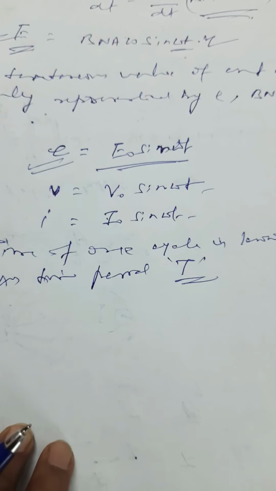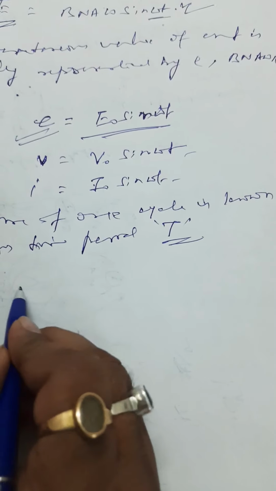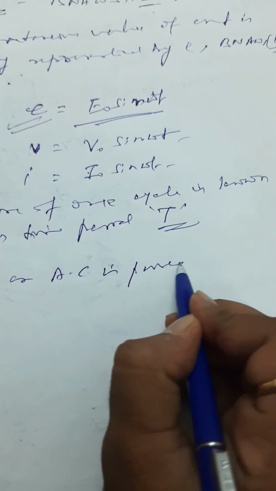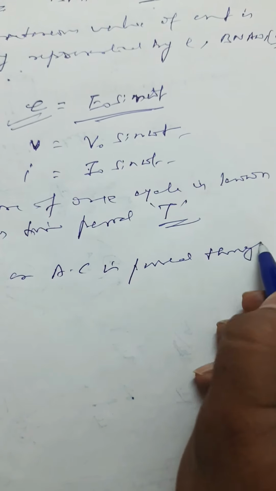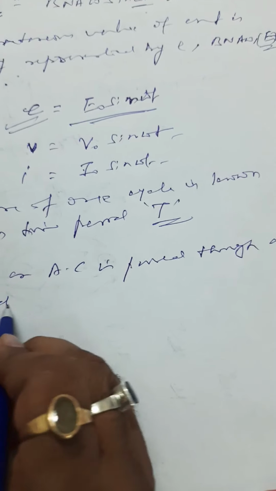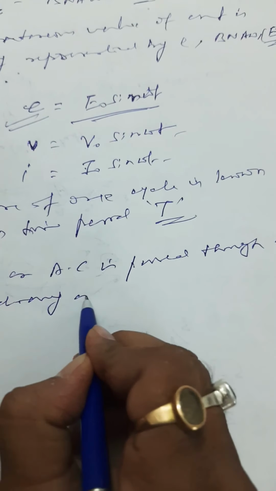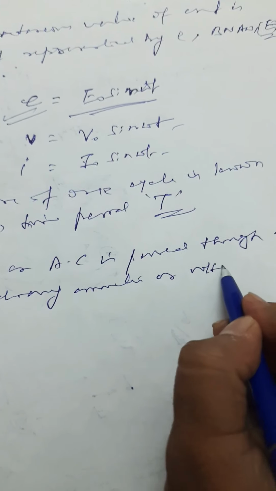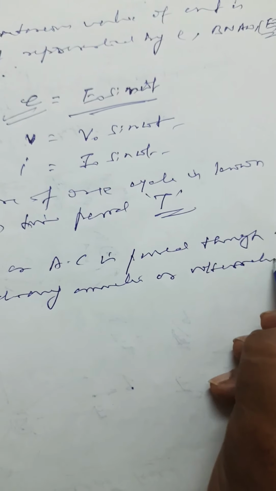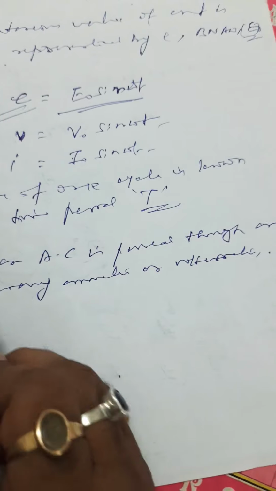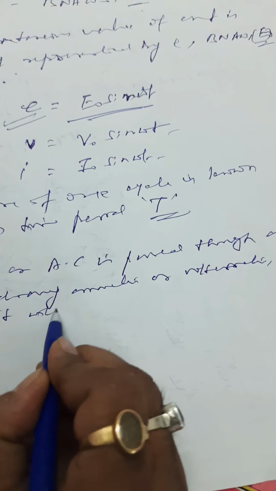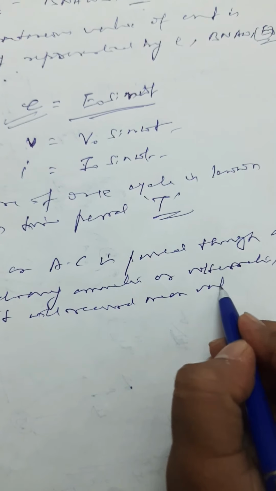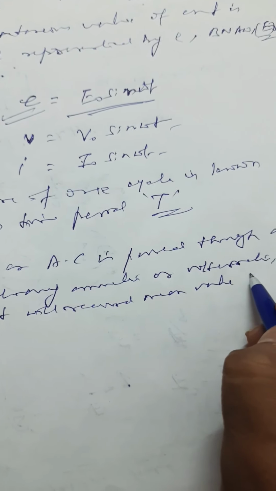So if an AC is passed through an ordinary ammeter or voltmeter, it will record the mean value for the complete cycle.